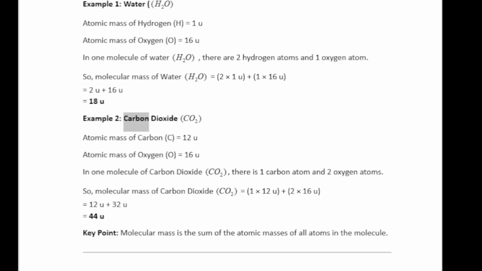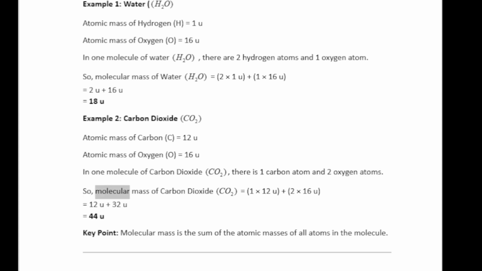Example 2, carbon dioxide. Atomic mass of carbon, C, is equal to 12 U. Atomic mass of oxygen, O, is equal to 16 U. In one molecule of carbon dioxide, there is 1 carbon atom and 2 oxygen atoms.